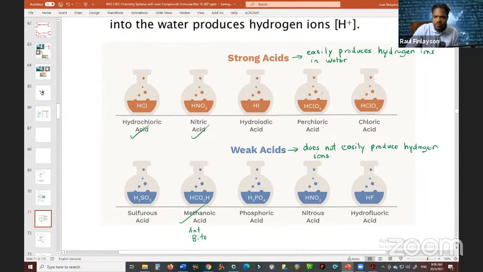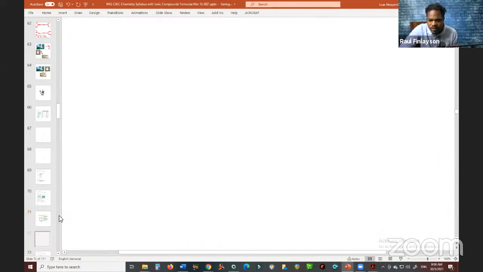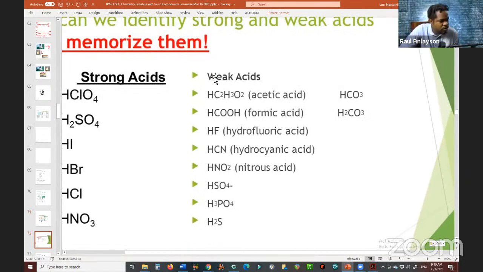So yeah, there you go. What are your strong acids? Okay, I like this list. Now you have that definition there. I think this one would be better. Internet kind of going.